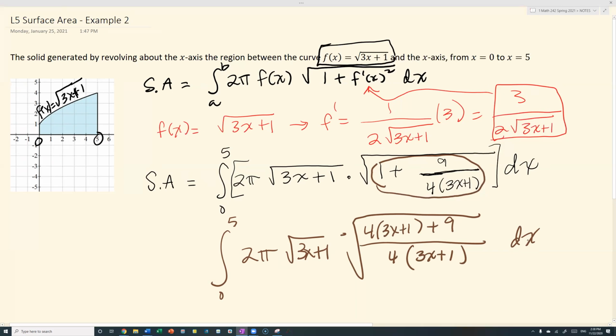Now let's take a look. The square root of 3x plus 1 cancels with the square root of 3x plus 1 inside, because when you have the square root like that, you can rewrite it as the square root of the numerator over the square root of the denominator, right? So this cancels with that. The 2 cancels with the square root of 4, because that's also 2.